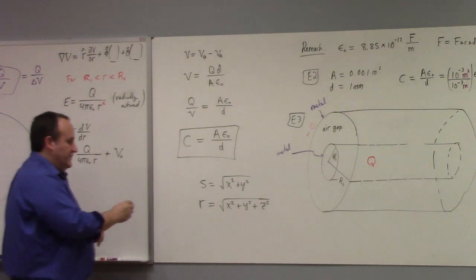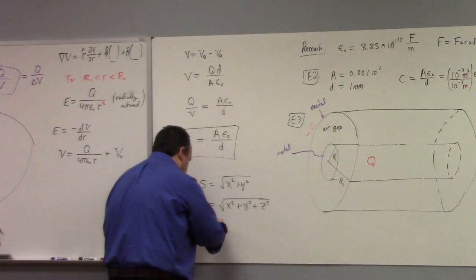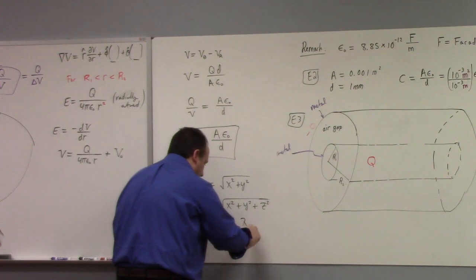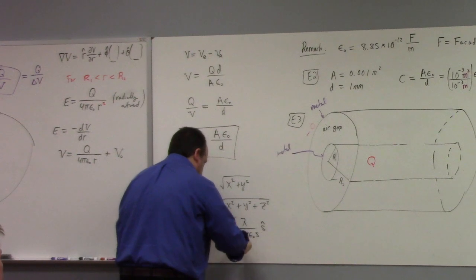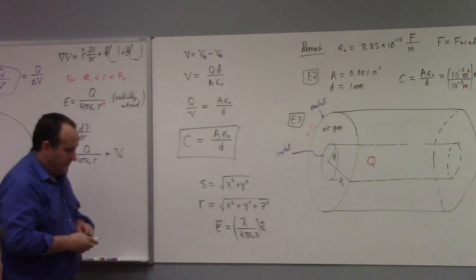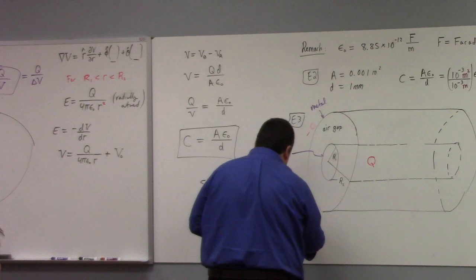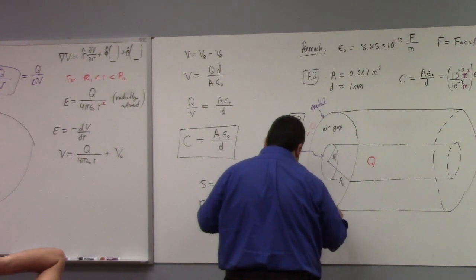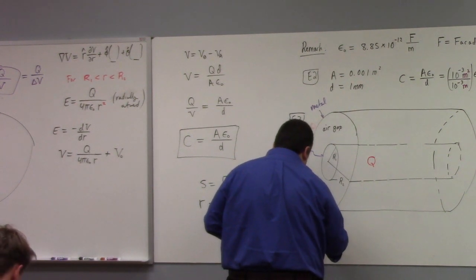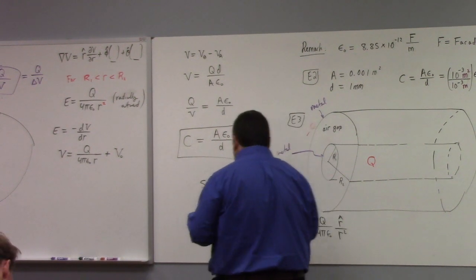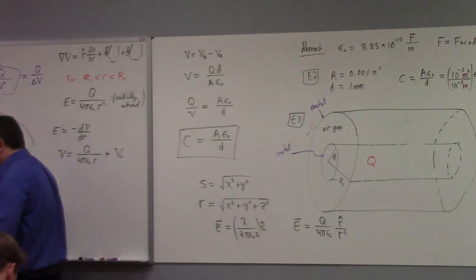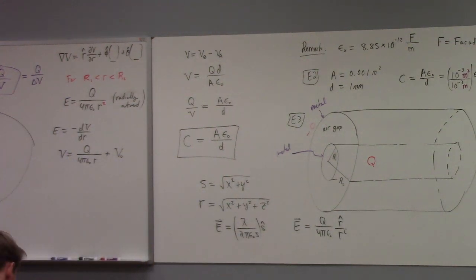So a field with cylindrical symmetry looks something like this: electric field equals lambda over 2 pi epsilon naught s hat. That distinguishes it from the Coulomb field, the radially outward spherical field, versus the radially outward cylindrical field.